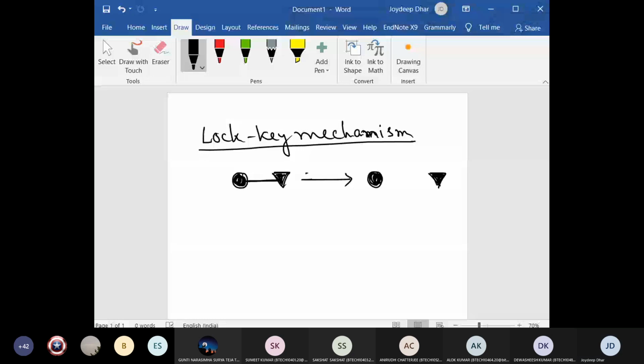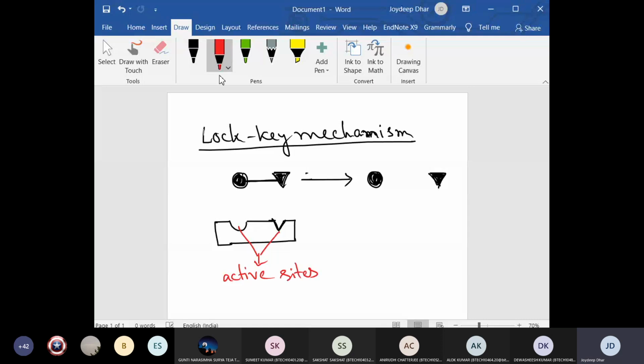The enzyme will have a specific active site. Active site means it has its own reaction center. I can say there are two active sites.